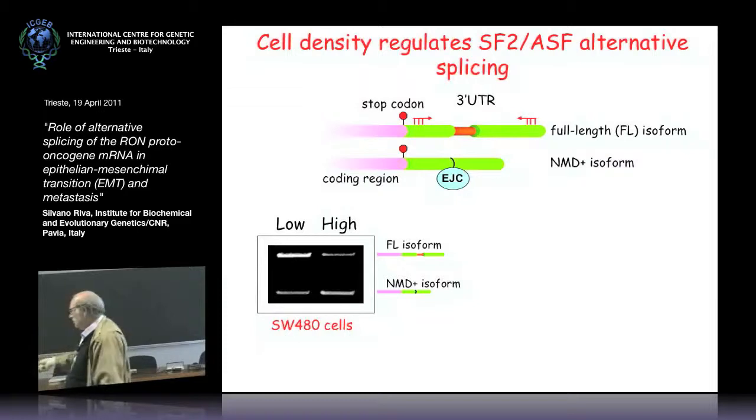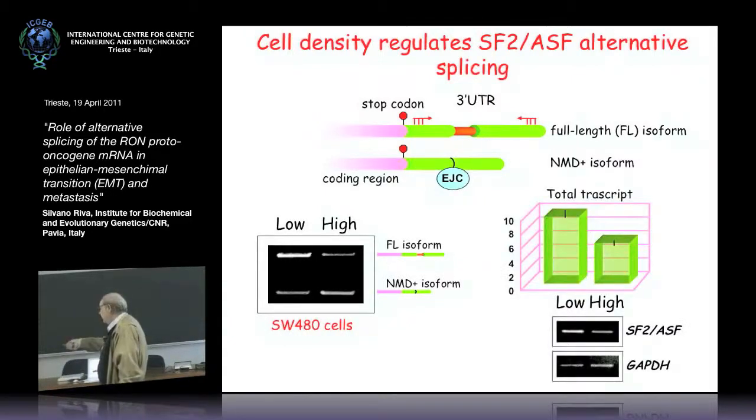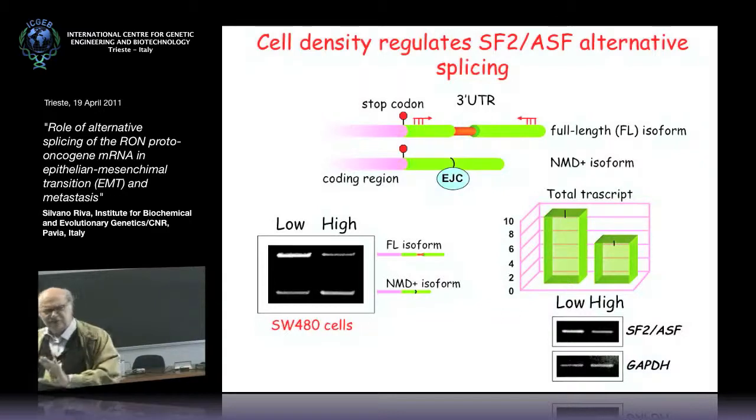The other one is destroyed, degraded by this mechanism. In other words, you see at low cell density, you have more SF2 compared to high cell density. But you see the differences are not much. No? 2-fold, 3-fold, 2.5, so on.